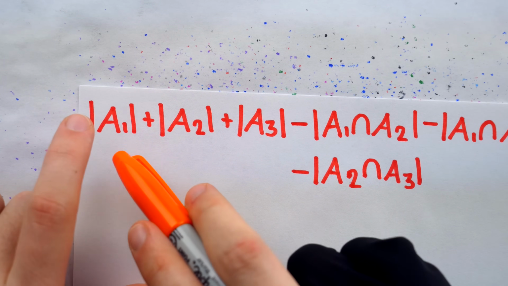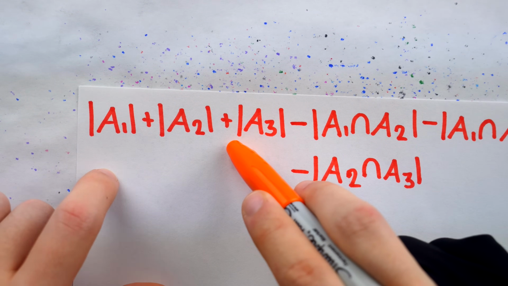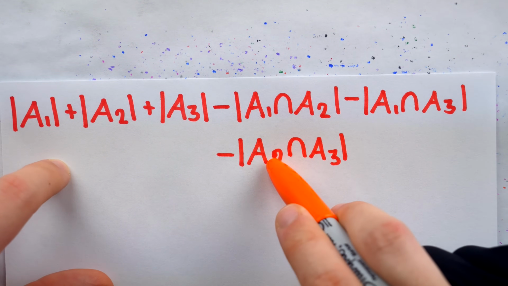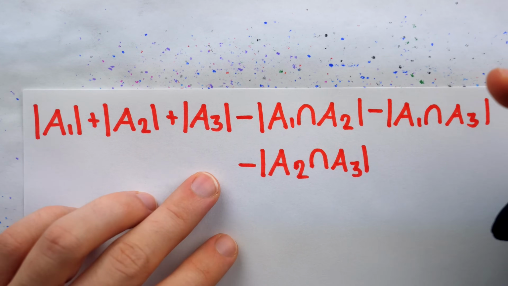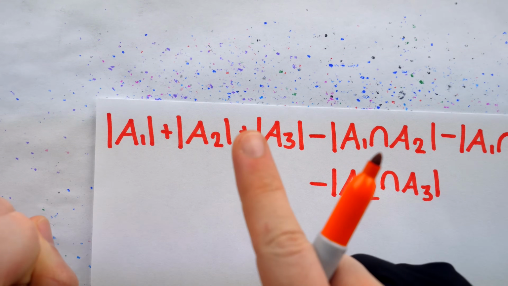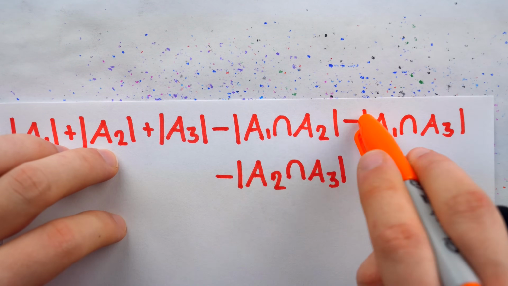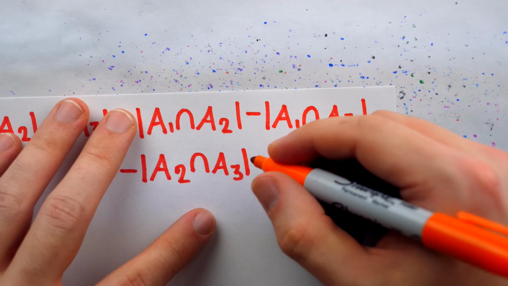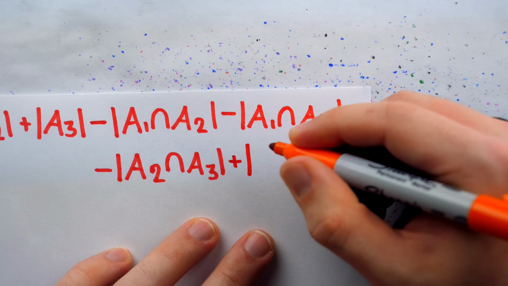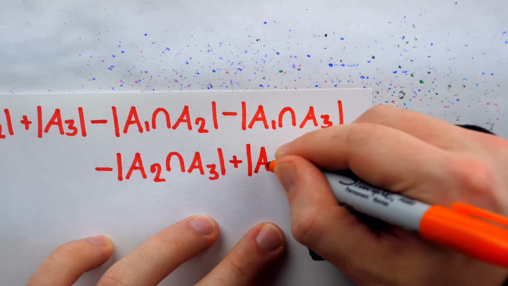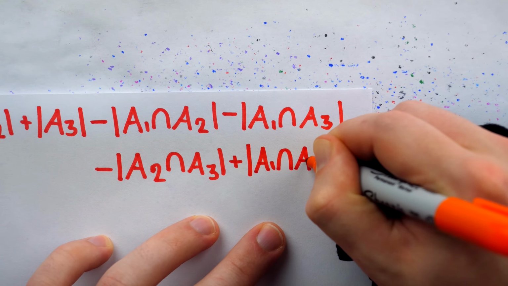A function like that would be counted 3 times here, but then it would be excluded 3 times. So we have to include it back into our count. Thus, after including what we would call the 1-fold intersections, then excluding the 2-fold intersections, we now have to include the 3-fold intersections. So add the number of functions in A1 intersect A2 intersect A3.